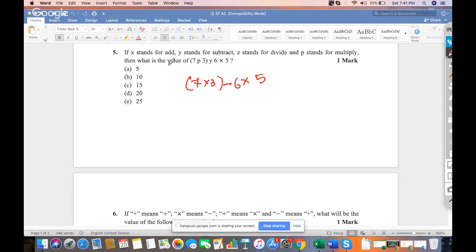I'm assuming this to be X because without that the question will look off. Let me check. So 6 plus 5. So first bracket needs to be solved. 21 minus 6 plus 5 is nothing but 20. So answer is 25. Answer is D. Then let me go to question number 6, 7, 8.